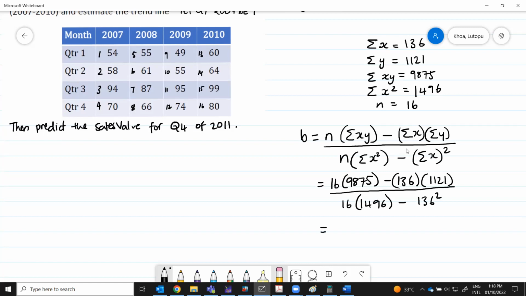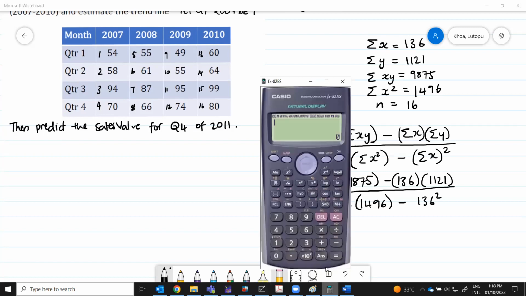Okay, so this you type in on your calculator. Now, when your calculator is in stats mode, the fraction will look a little bit different, but you can just type it in using the division.